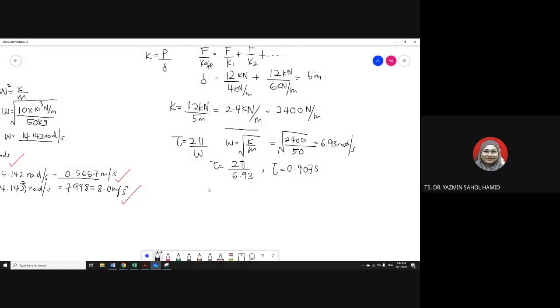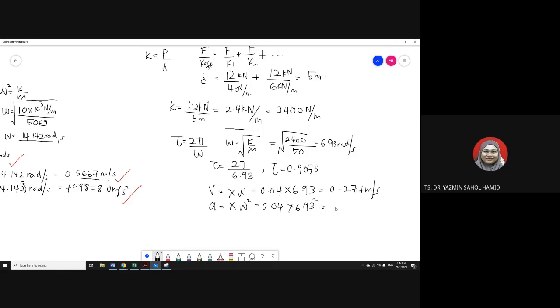You just find V as X times the natural frequency, and acceleration as X times the natural frequency to the power of 2. X is the same 0.04 as before, 40 mm, times 6.93, and for acceleration 0.04 times 6.93 squared. If you calculate with a calculator, you will get 0.277 meters per second.